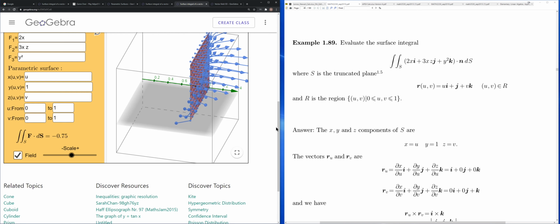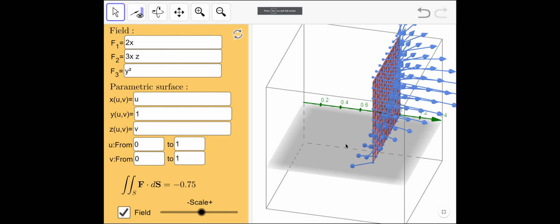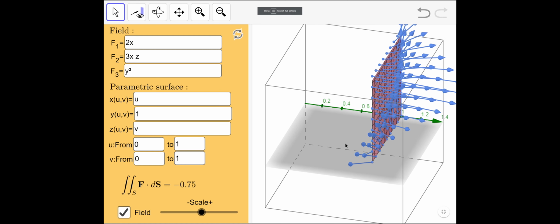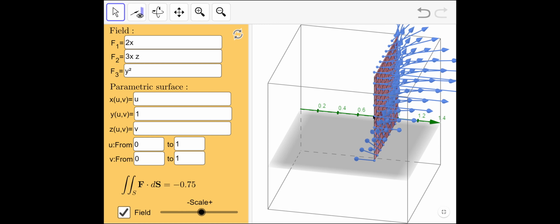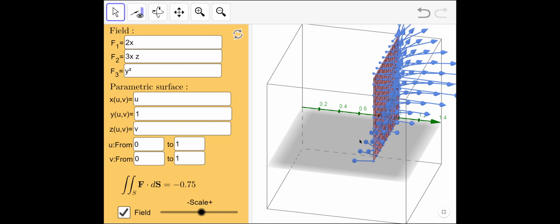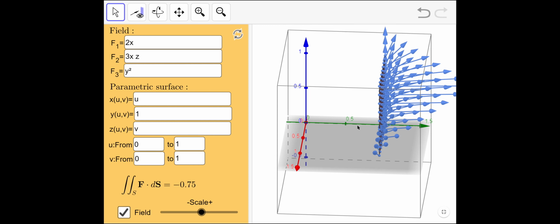Okay, so when you work this out, you want to notice, remember the interpretation I said for your surface integral: what you're going to be calculating is the amount of flow that's cutting across this surface S. Most of the flow is basically heading in this y direction.